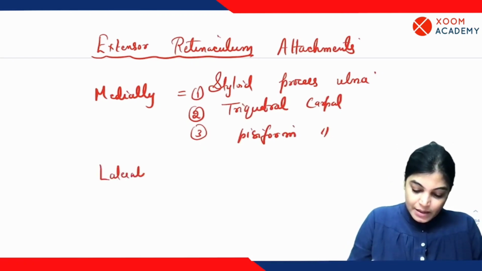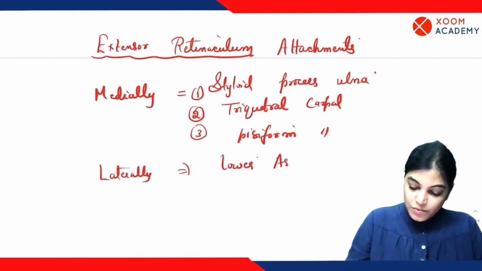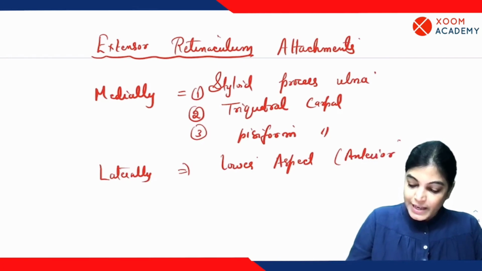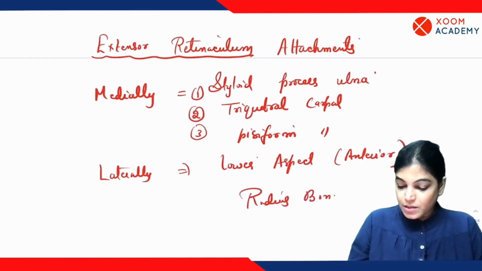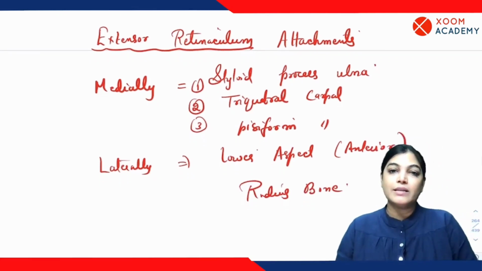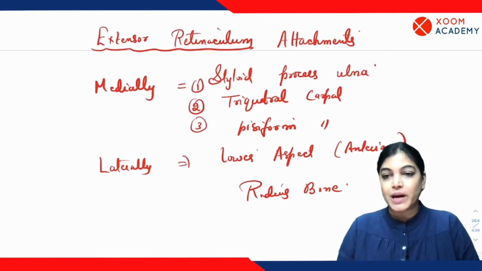Laterally, it is attached to the lower aspect, that is the lower anterior aspect of the radius bone. So, this is about the medial and lateral attachment of the extensor retinaculum, which is a modification of deep fascia.